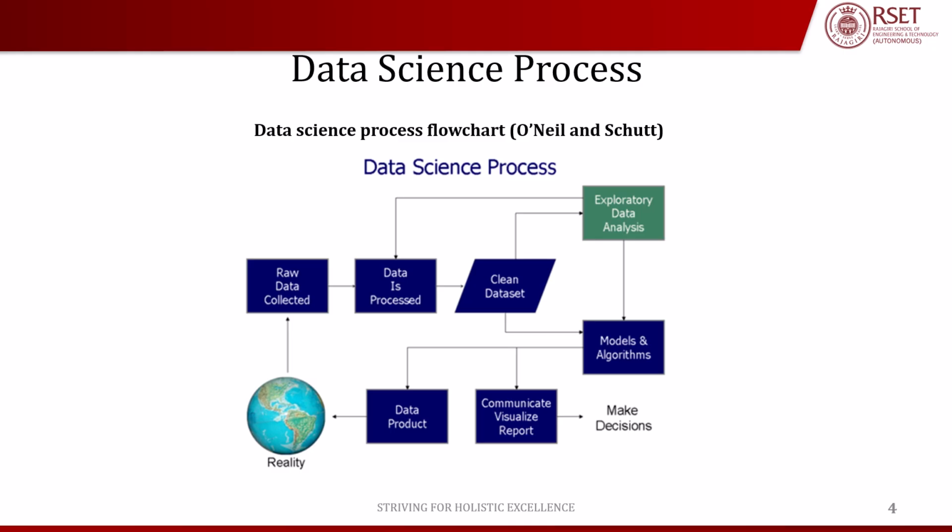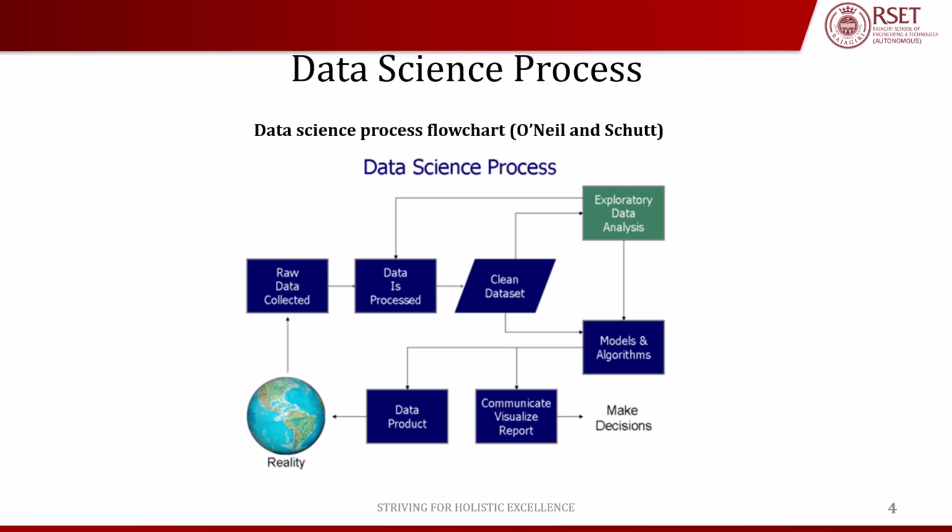We can have visual interpretations of the data also, right? So if you are not satisfied with the way in which the data is looking, then we can go back to the data pre-processing step. That is, data is processed again, and then we clean again, and this goes on until we are satisfied with the hygiene of the data. After that we can move to the modeling phase, where we will use data science models and algorithms to model this data for our required task.